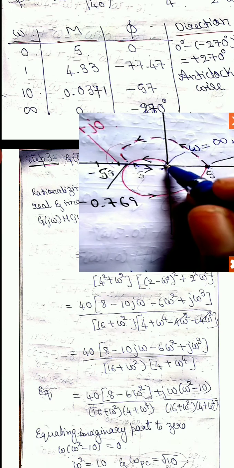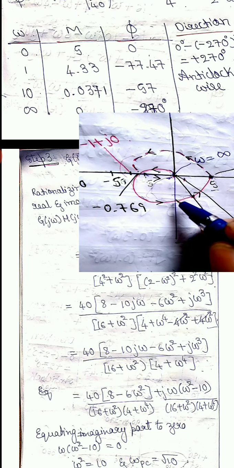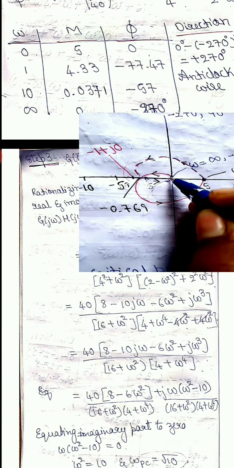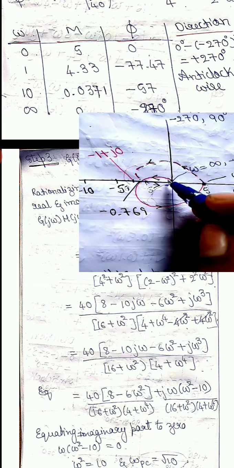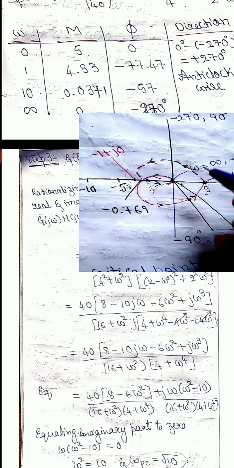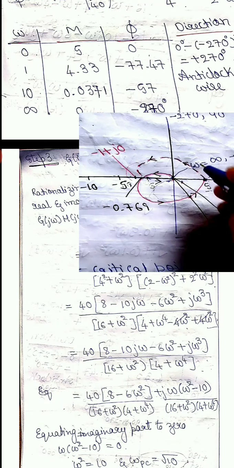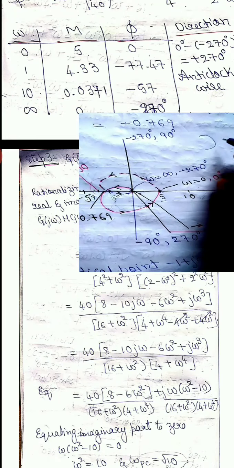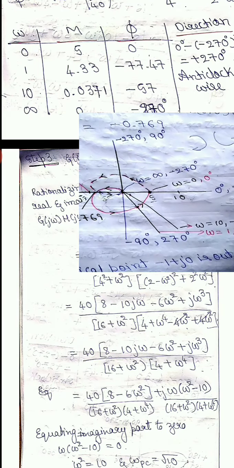If we got at omega is equal to minus 180, then it will be like this. Because at omega is equal to infinity we got minus 270, we should terminate at minus 270. The direction we have done is anti-clockwise. This is a clockwise direction and this is an anti-clockwise direction.